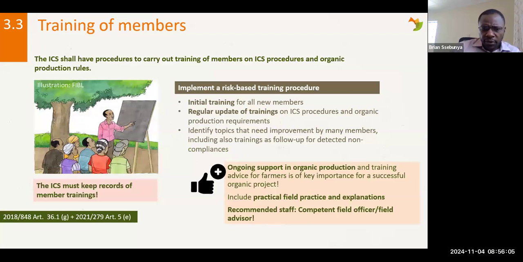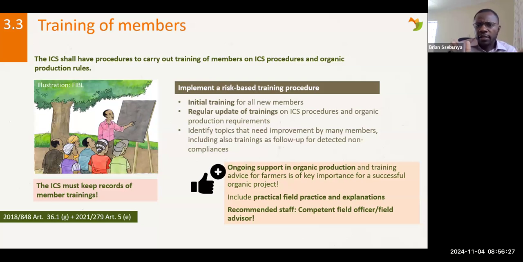Training of farmers, we talked about training many times. We talked about training of internal inspectors. Now we are talking about training of farmers. Farmers need to be trained, and at least once. And also, there should be a procedure. Who trains them? When are they trained? Meaning at harvest, before planting, during the season.